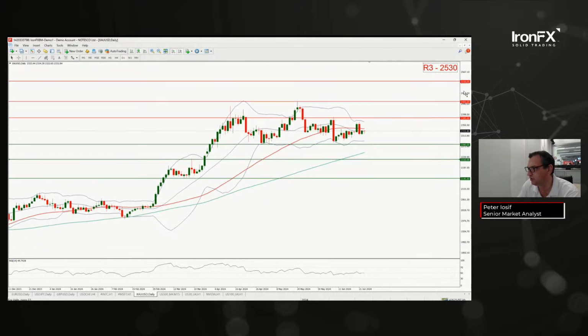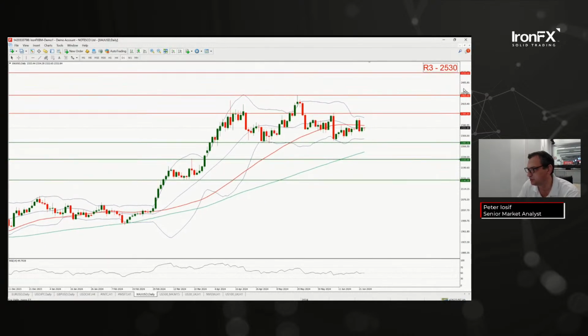For the time being though, we tend to maintain a bias for the sideways motion of gold's price to continue, possibly between the R1 2,385, which I'm going to be labeling right now.